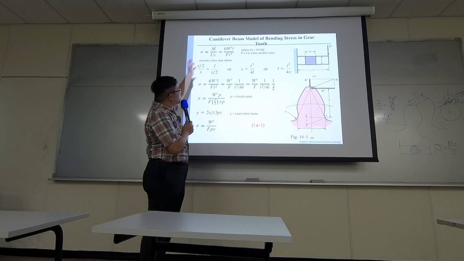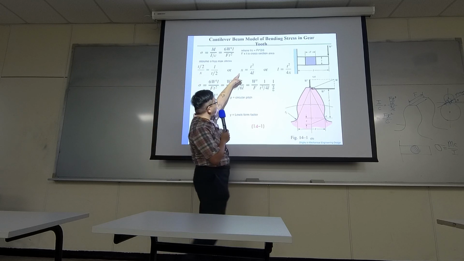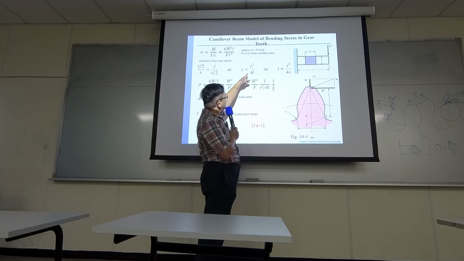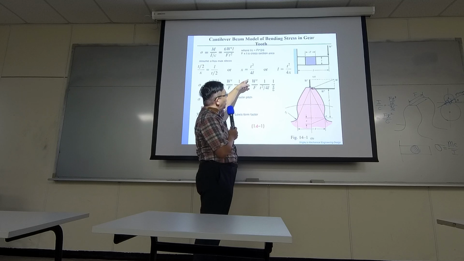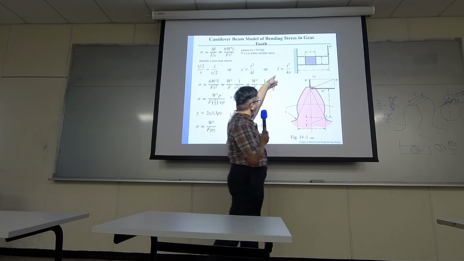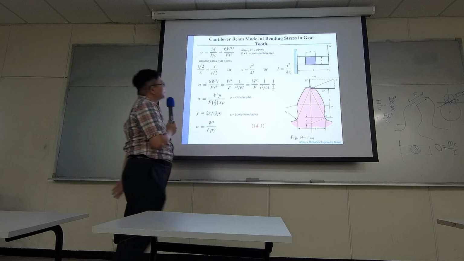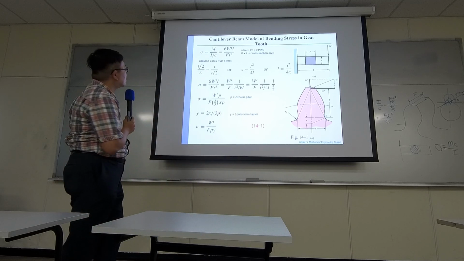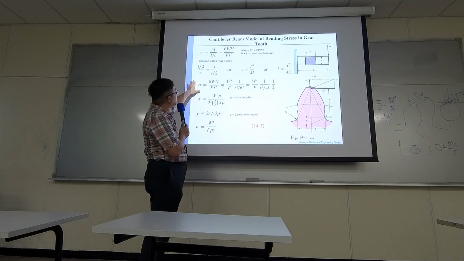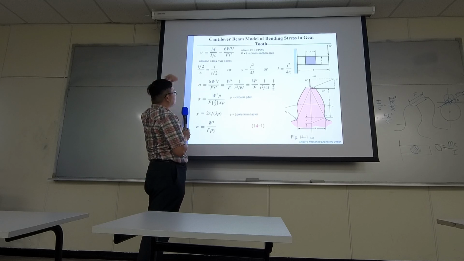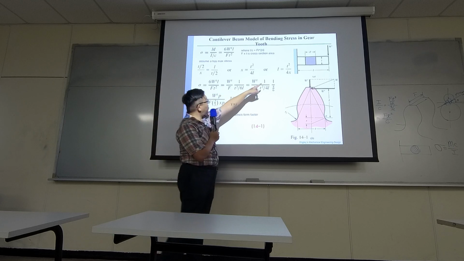And then you can rearrange it. At the end, you have x equals t squared over 4L, or you can describe L in the form of x. Okay, once you have those, you can plug it into the equation right here. So you can replace L by that one.